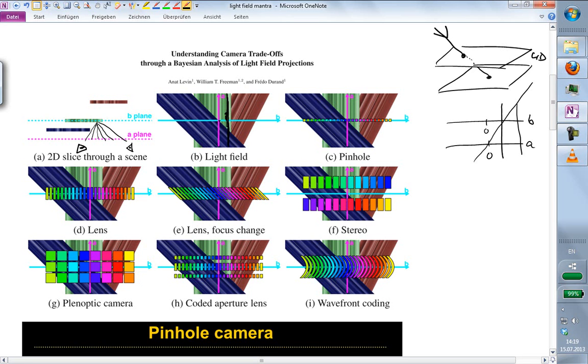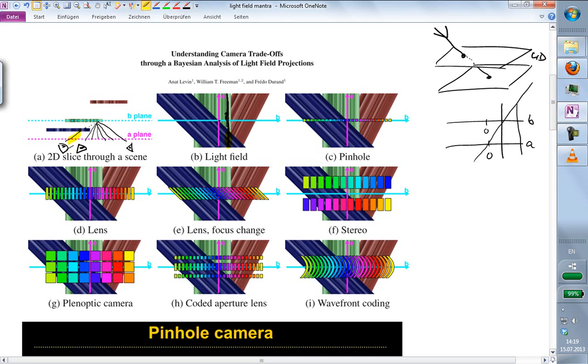And of course, at some point, when I start to put my eye here far out, because the objects are opaque, I now start to see something that's blue.